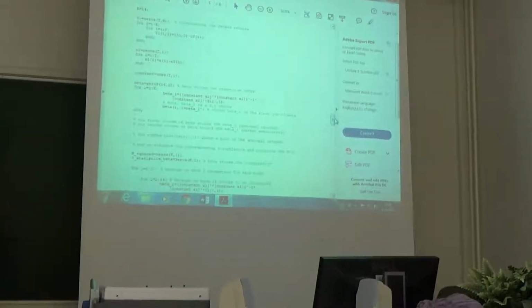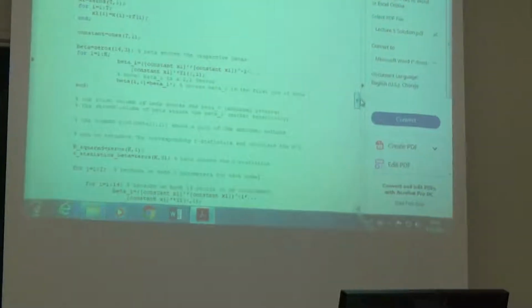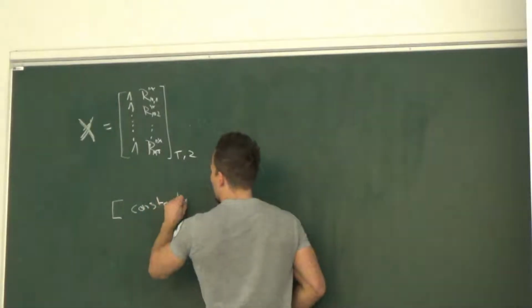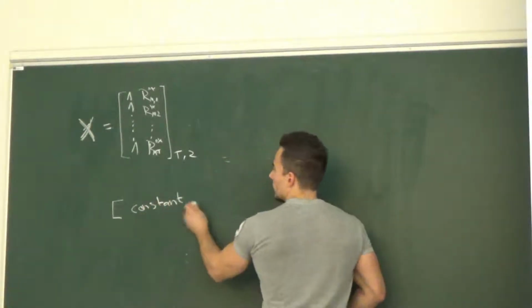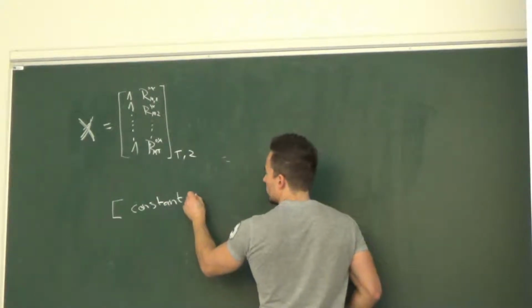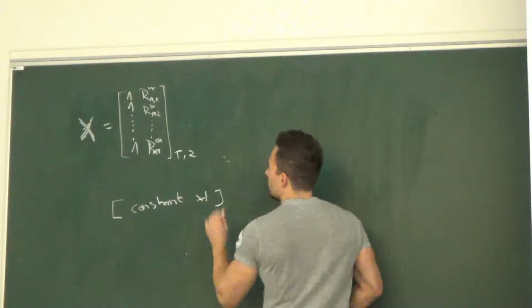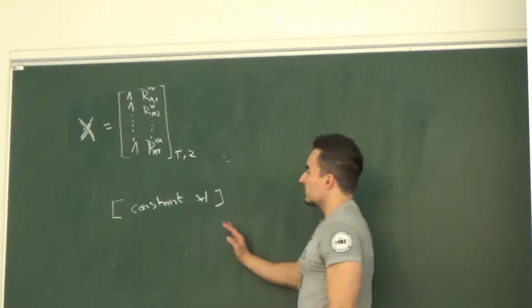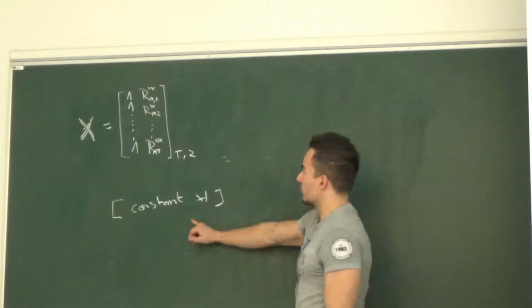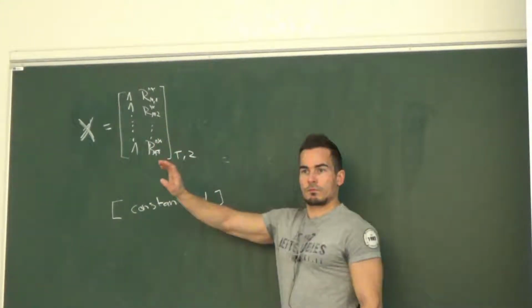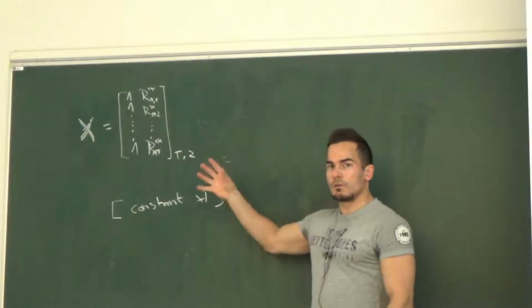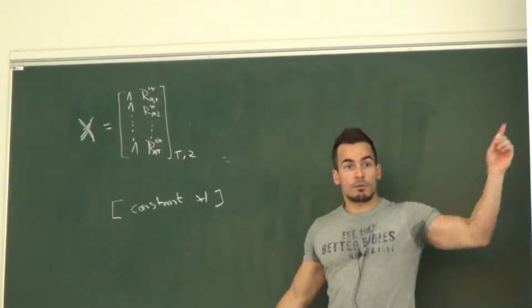So we get this here: constant, then space x1. This is a matrix, and this corresponds to our regressor matrix. There are always different ways to code that.